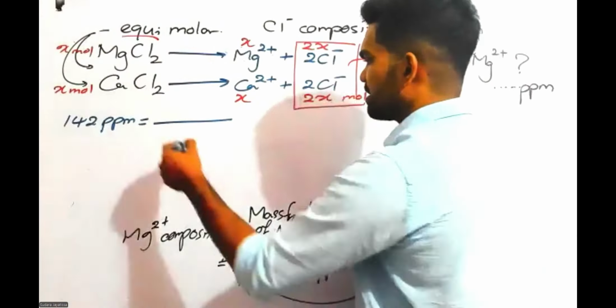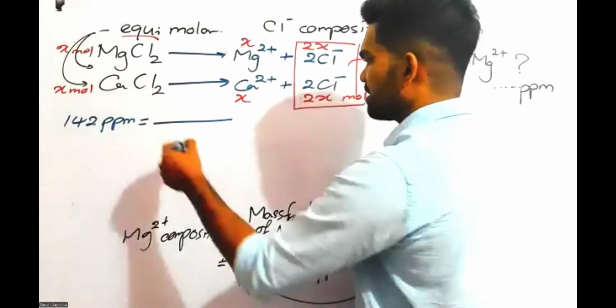But since we are considering the same solution, the densities will be the same and the volumes will be the same. So there will be no issue with the volume or density. Since it is constant, you can cancel it. That's why I kept this as m total. When you divide the two equations, even x also gets cancelled. I hope you understood the method.